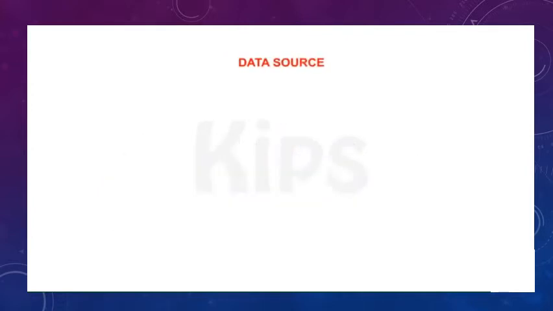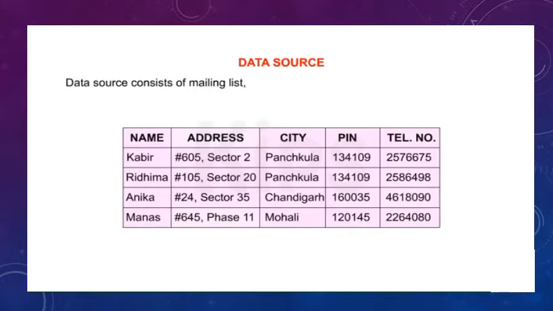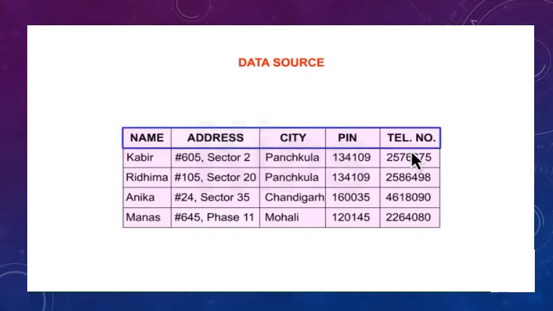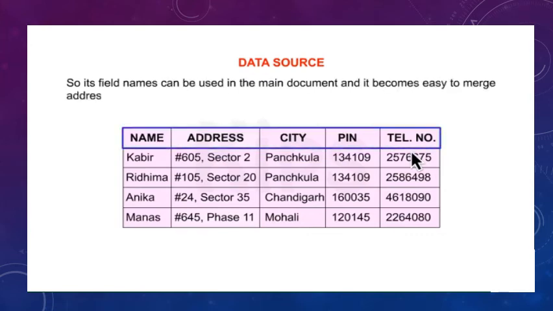Data source. A data source consists of a mailing list, for example, name, address, city, PIN, telephone number, etc. The data is organized in tabular form along with the field names. The data source is associated with the main document, so its field names can be used in the main document, and it becomes easy to merge addresses along with the main document.